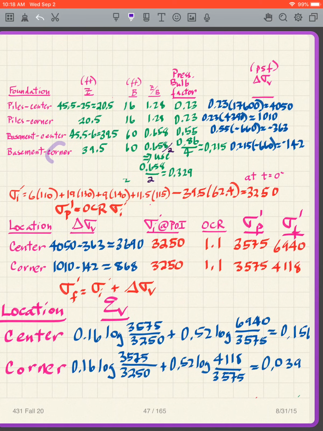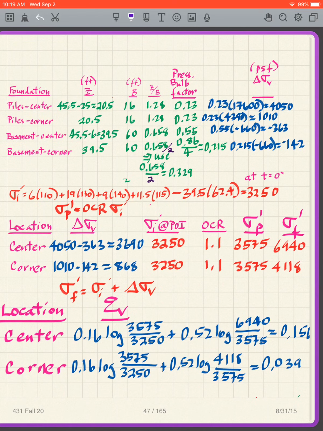Here's where, notice, we do our Z over B, and we go on our pressure bulb diagram below the center, for the reasons that we described previously.